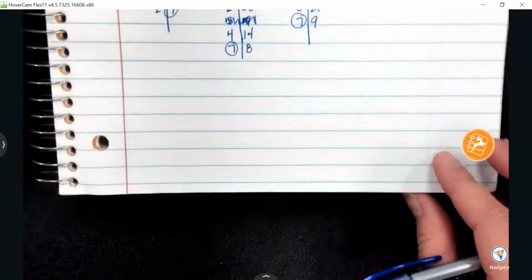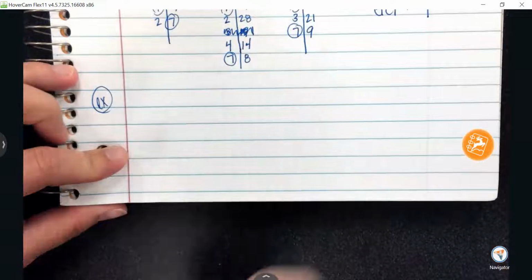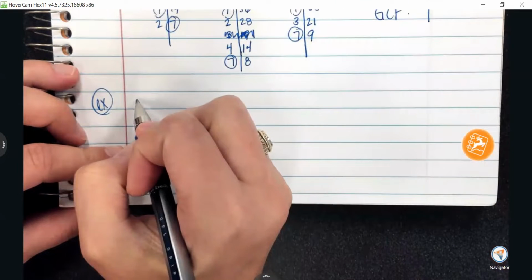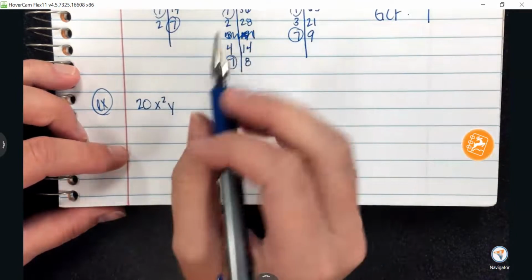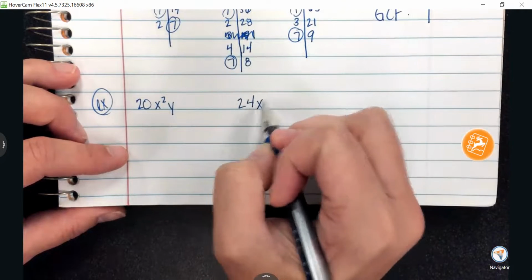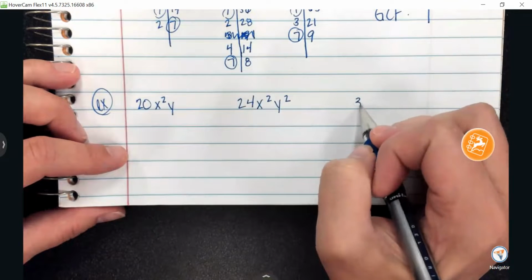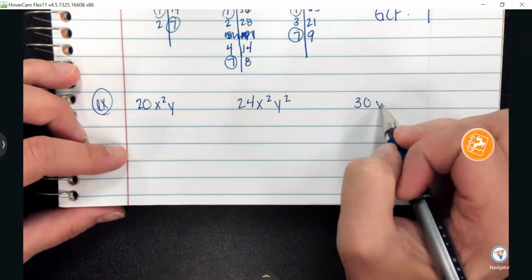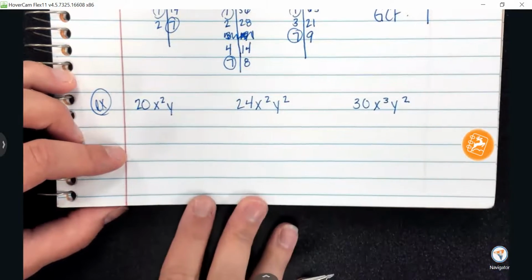All right, last example, then you're going to do some by yourself. What if I ask you for 20 x squared y, 24 x squared y squared and 30 x cubed y squared.